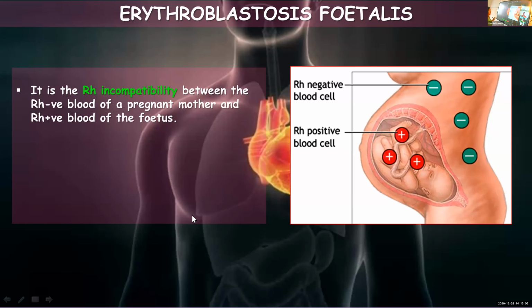Already we have learned about two types of blood grouping, ABO blood grouping and Rh blood grouping. Rh positive means Rh factor is present. Rh negative means Rh factor is not present.